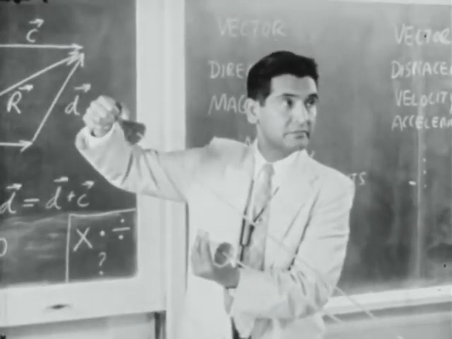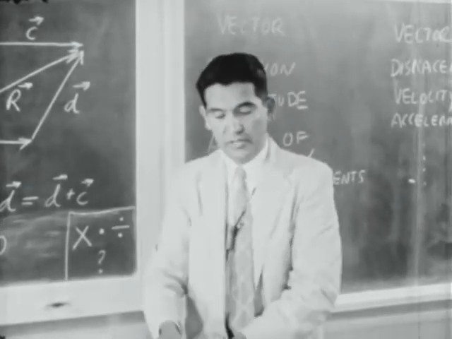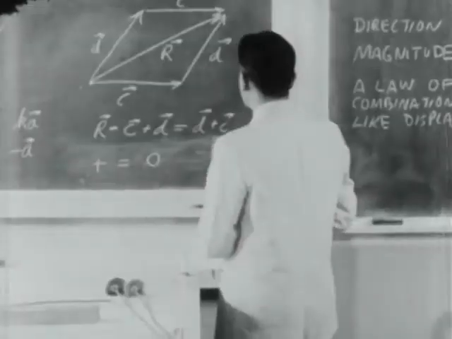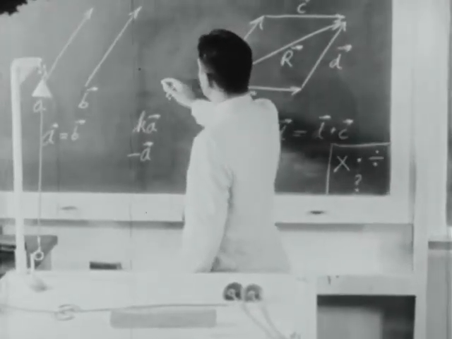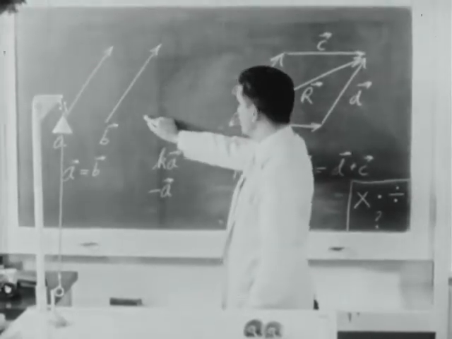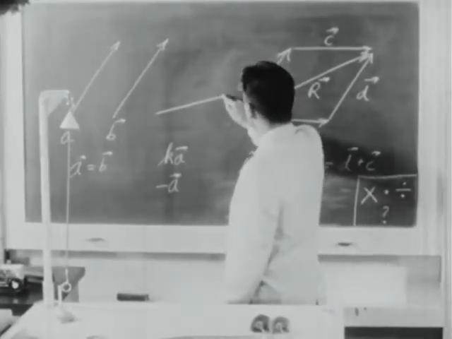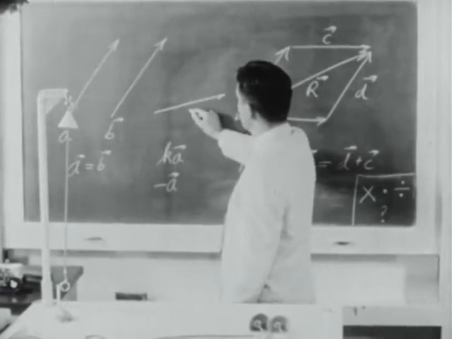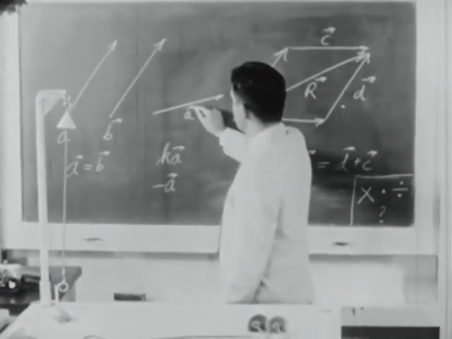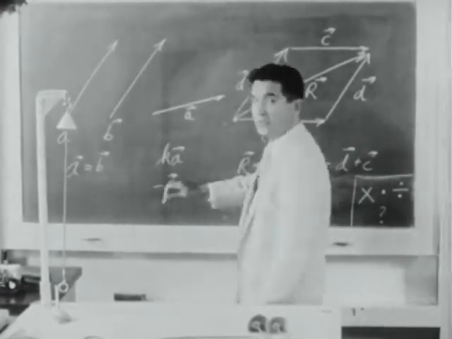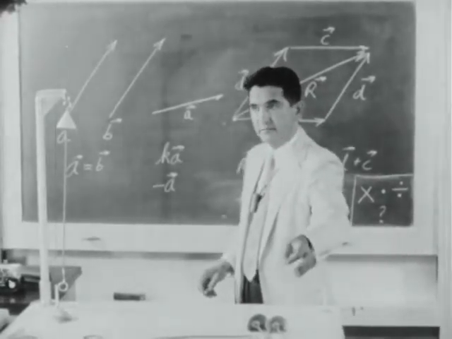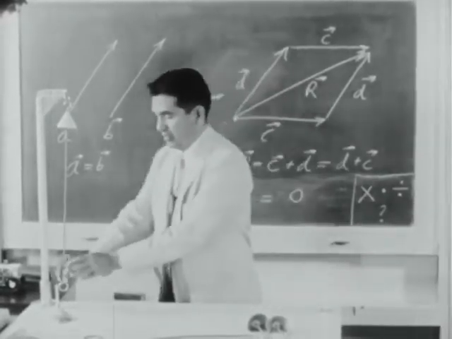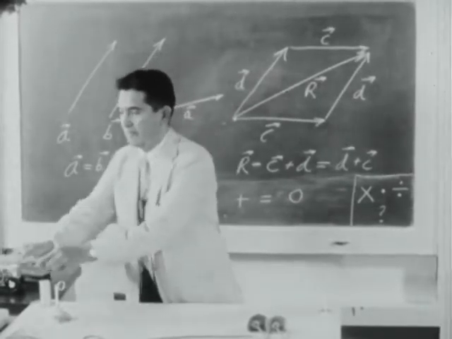Now I'll put that on the board so that we can keep it here with our summary. If I have a vector like this one, I guess I can call it A. Doesn't matter that we have other diagrams there. The rule was you tie the feet together. Let me get this out of the way.